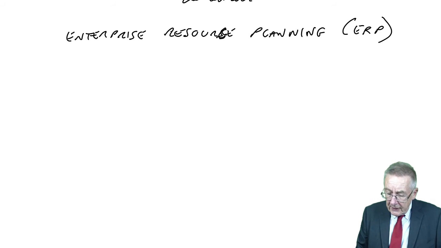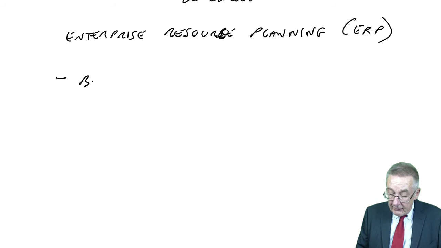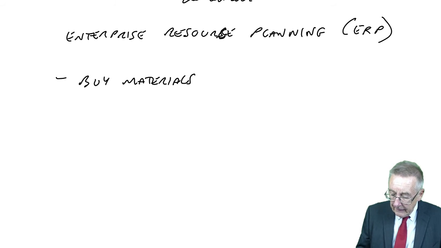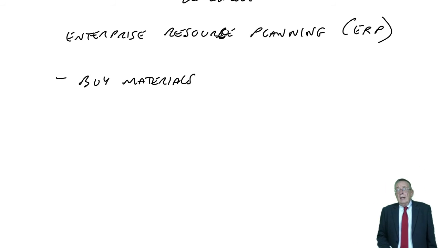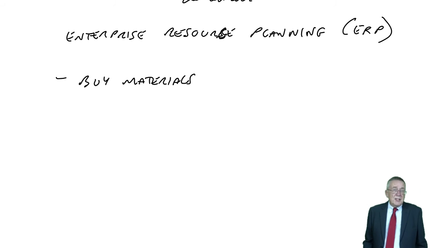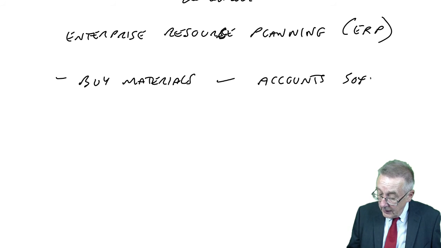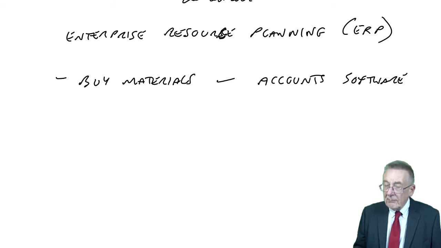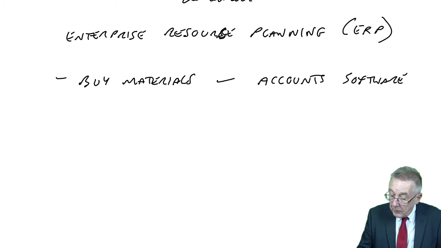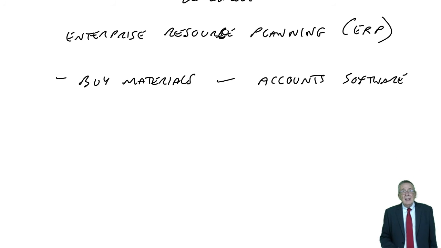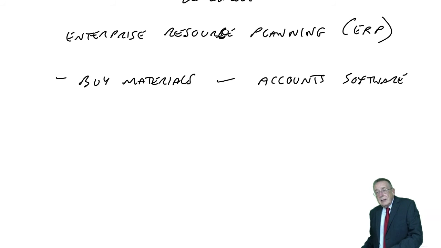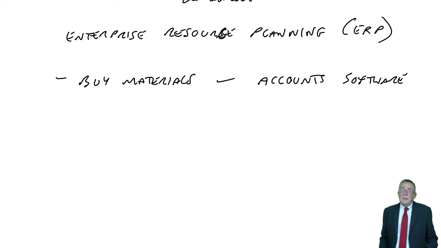So for instance, if we buy materials, well, clearly our accounts department will have to enter it. So the accounts software, they'll need to enter what we bought and how much it cost. But of course, the inventory control department, it'll need entering in their software.